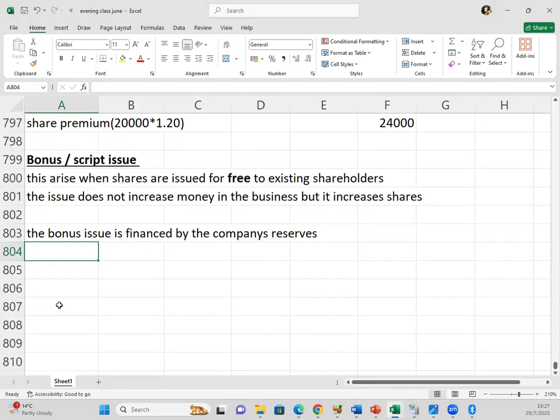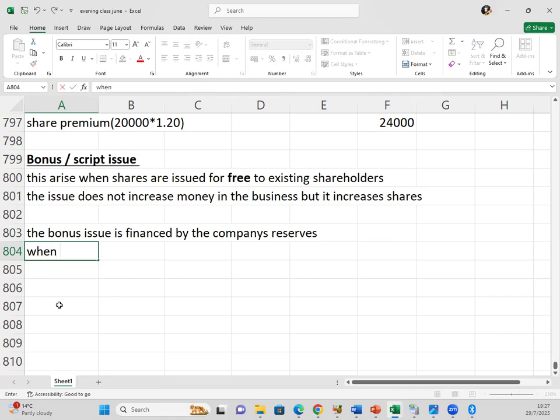So in most cases, the reserves are left in their most flexible form. When financing the bonus issue, we leave the reserves in their most flexible form.